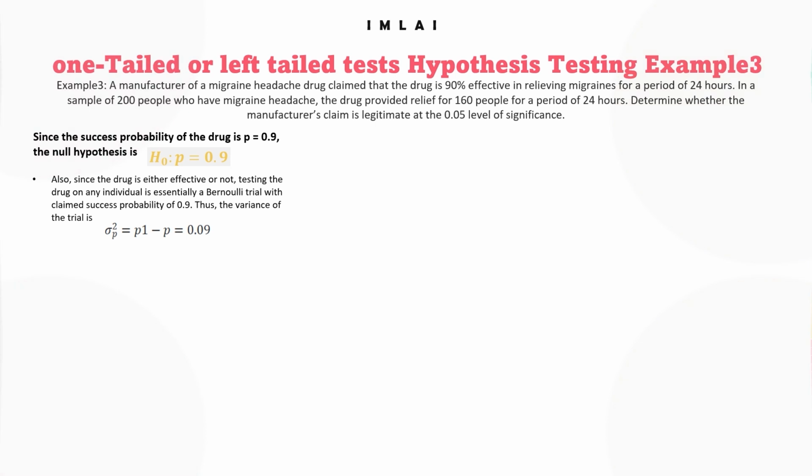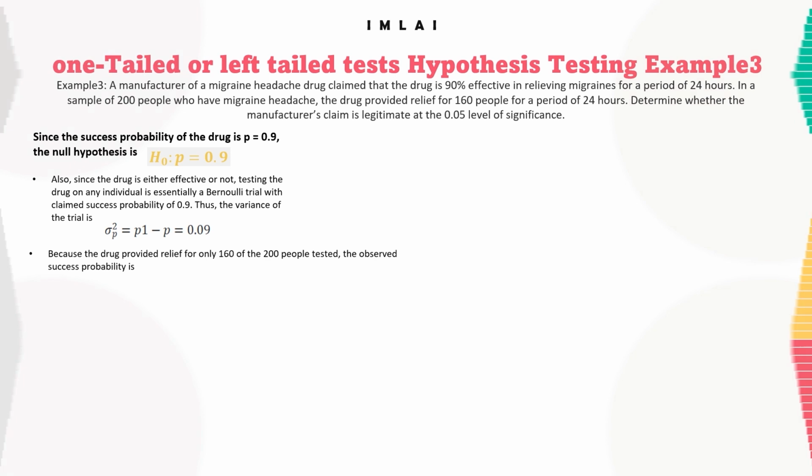Thus, the variance of the trial is P(1 minus P), which is 0.09. Because the drug provided relief for only 160 of the 200 people tested, the observed success probability is 160 divided by 200, which is 0.8.